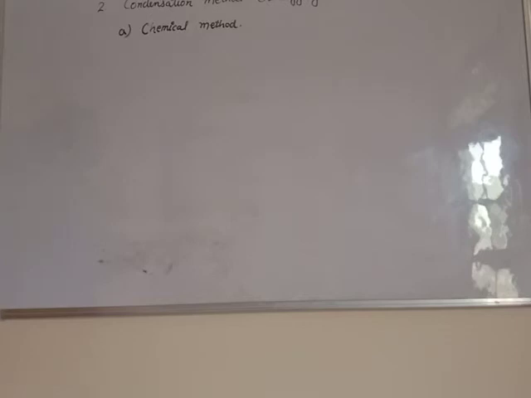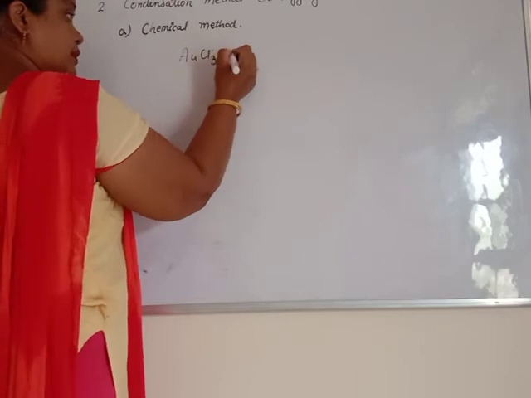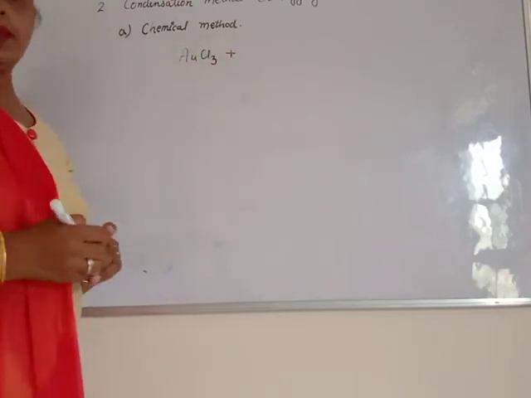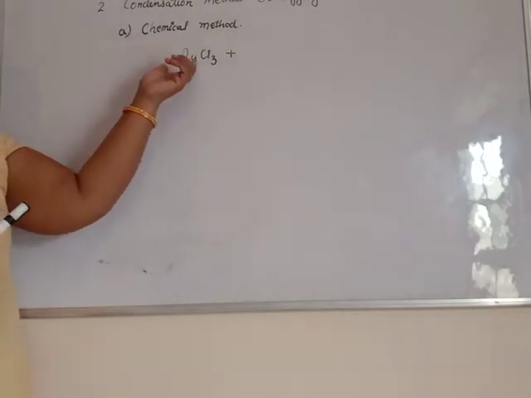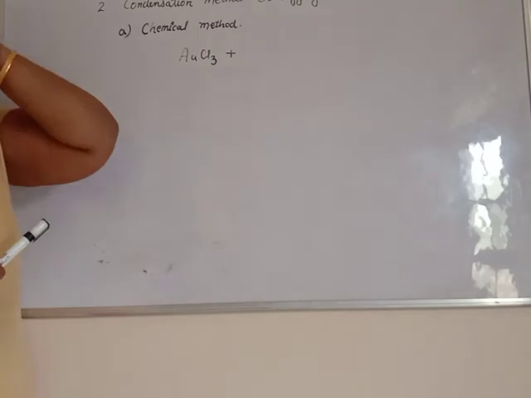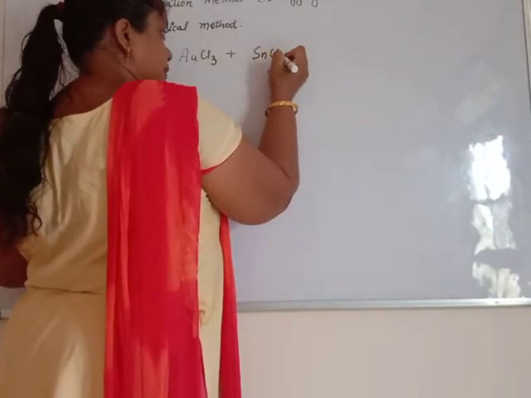But if we do not have a gold rod or any article of gold, then how will we prepare the gold sol? Beta, we have some salt of gold. This salt of gold, that is gold chloride, reacts with some reducing agent which reduces gold ion into gold, that is stannous chloride.